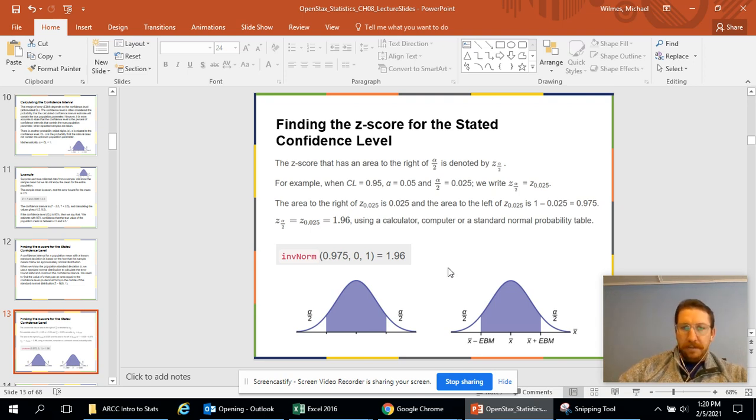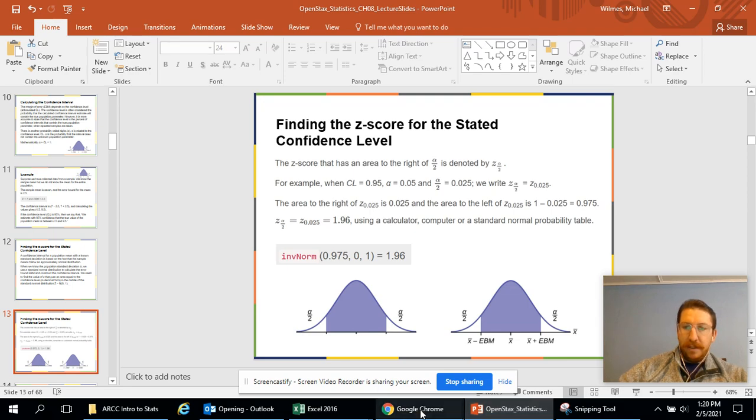So we're going to look at a problem with the confidence level of 0.95. So the blue region will be 0.95, which tells us we have 0.05 left over. So that's our alpha. So to find each tail, we take the 0.05 divided by 2. We get 0.025. So that means we need to find the z-score when our tails have 0.025 or when the middle part has 0.95. It doesn't really matter.